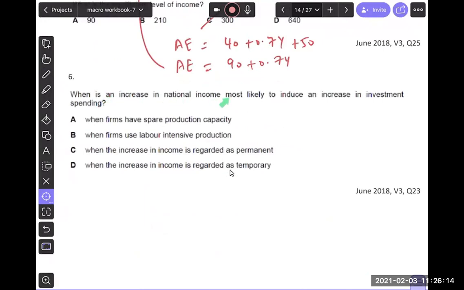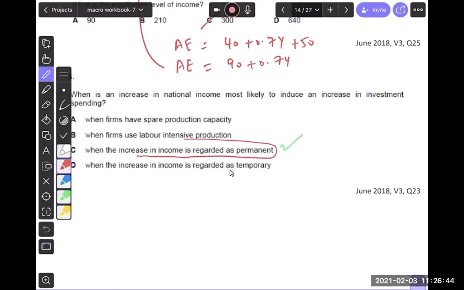When is an increase in national income most likely to induce an increase in investment spending, which means that income goes up, investment goes up. The best answer is C. When the increase in income is regarded as permanent, you will see more investment to happen.